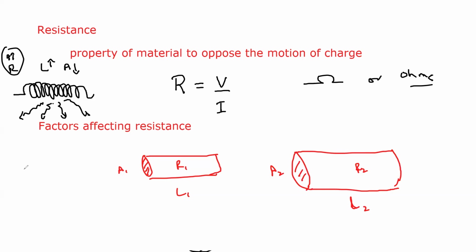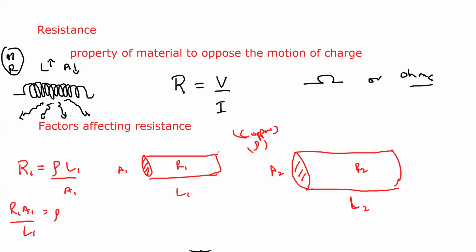If I write the equation relating resistance, area and length, we have the formula R equals rho L by A. Because both are made of copper, they will have the same resistivity irrespective of their length and area. So I can say R1 A1 over L1 is equal to rho.